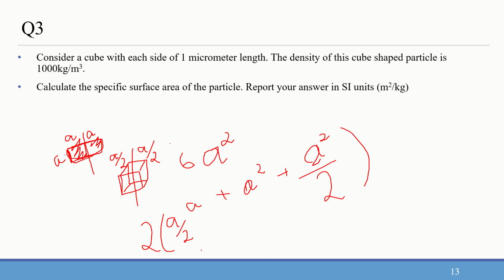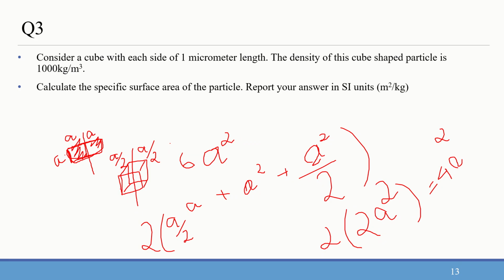So a square by 2 plus a square by 2 plus a square plus a square, that is a square by 2 plus 2a square. So it gives us equal to 4a square.